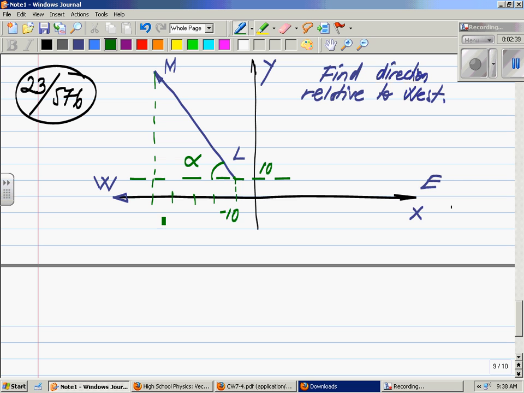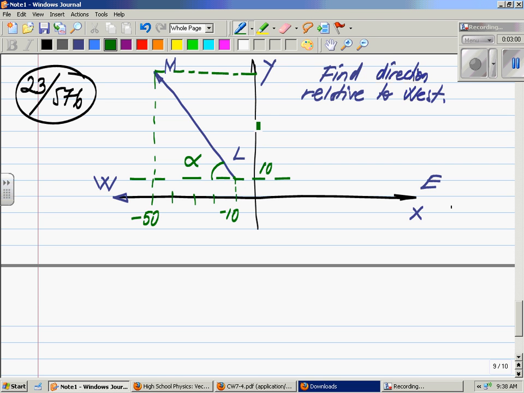Basically, I'm going by 10. M will have what coordinates? Negative 10, negative 20, negative 30, negative 40, negative 50. And M's y coordinate will be 1, 2, 3, 4 units up, right?